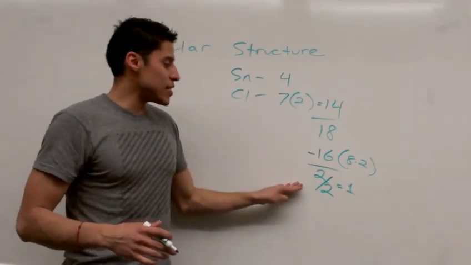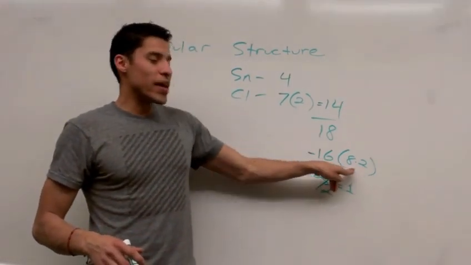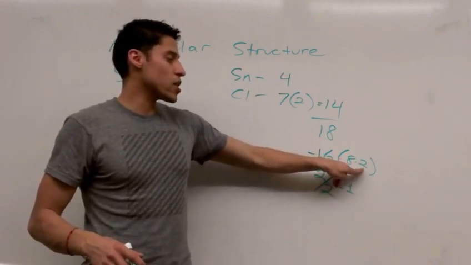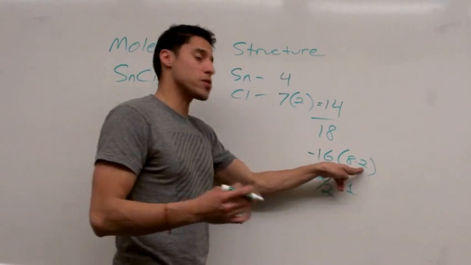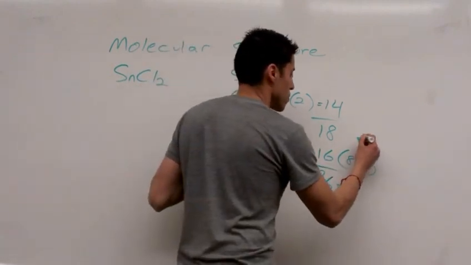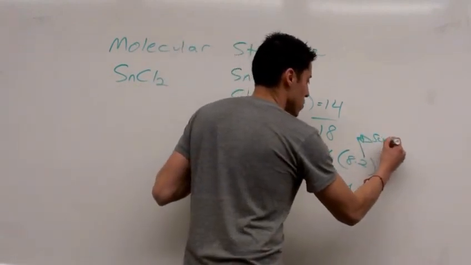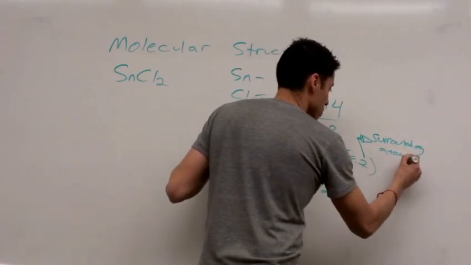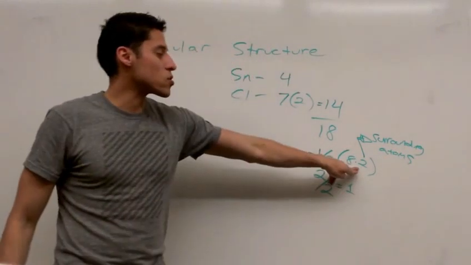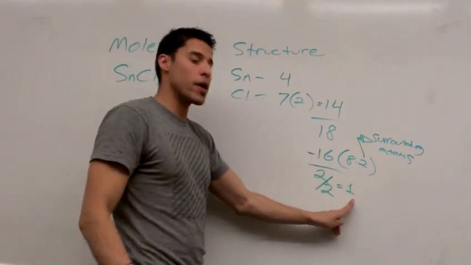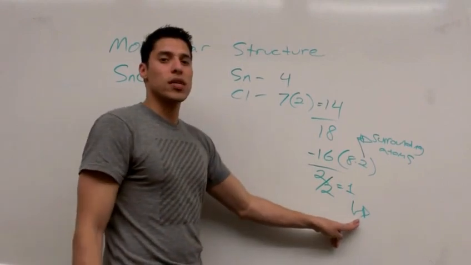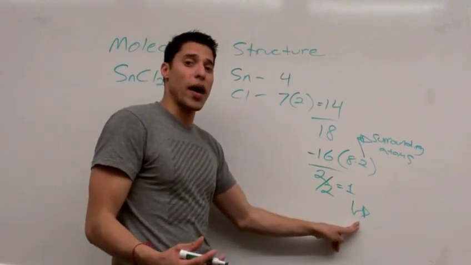Now the reason we did this is because whatever you multiply 8 by here, in this case we multiplied by 2, this number is going to be the number of surrounding atoms. So that 2 is surrounding atoms. This one right here is also important because it's going to tell us how many electron lone pairs we have.